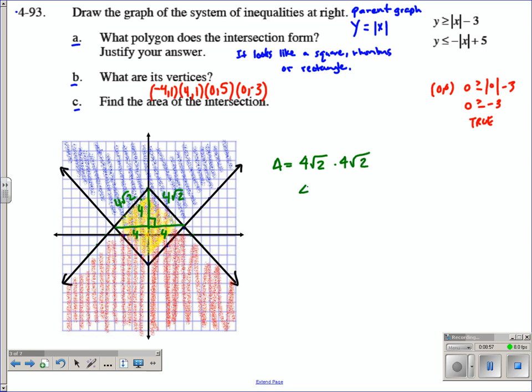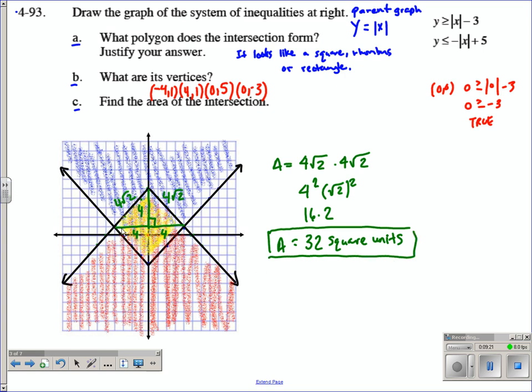Well, we'd have 4 squared times radical 2 squared, which would be 16 times 2, and we get 32 square units. So the area of the intersection would be 32 square units. You do have to come up with all this information, though, before you can come up with this answer.